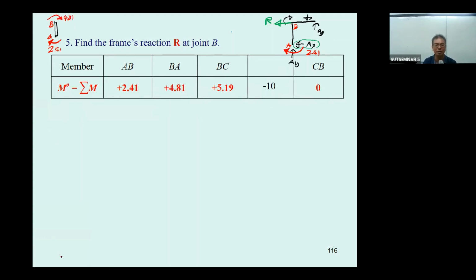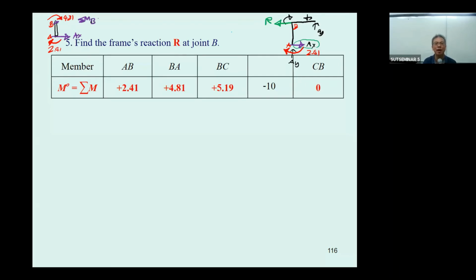The rotation like this will be balanced by the force of A sub X. A sub X must be in this direction. This is wrong. Just put this A sub X into another direction. Okay, it's going to be in this way. By doing this, you just take moment here.